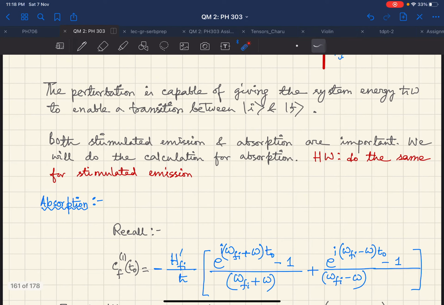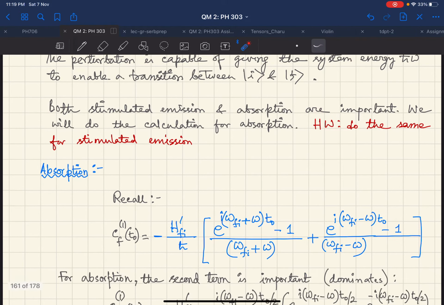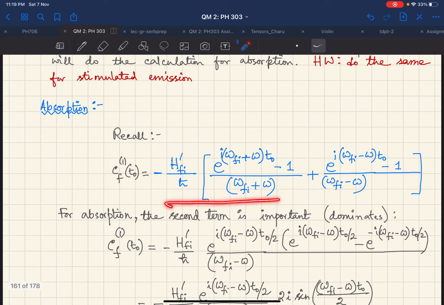Now both the stimulated emission and absorption are important, and in this discussion we will calculate everything corresponding to absorption. That means we will calculate this quantity c_f(t_0) up to first order in perturbation theory, whose general form we have already obtained, which is this.